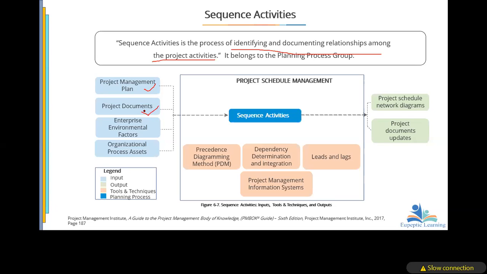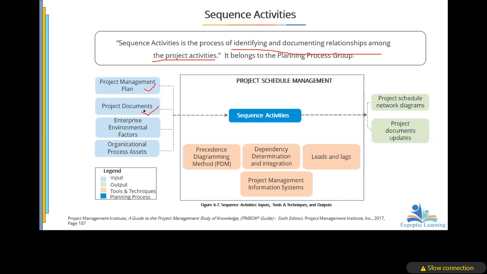Then we come to enterprise environmental factors and then organizational process assets. What are the policies as far as the organization is concerned when it comes to sequencing activities? A typical enterprise environmental factor will be where you find yourself.